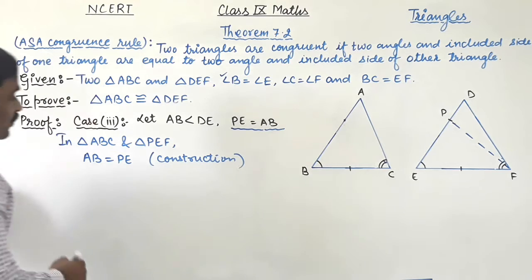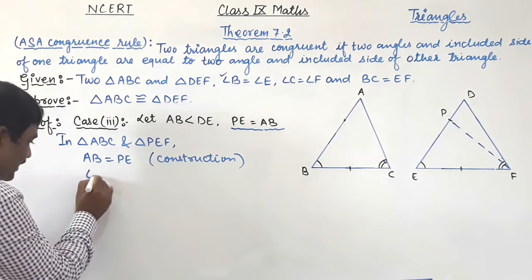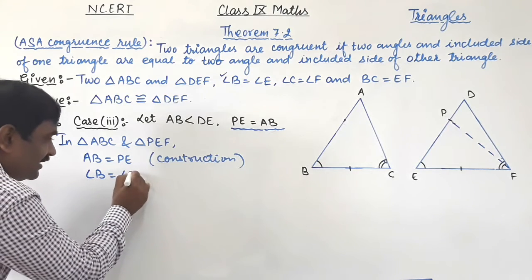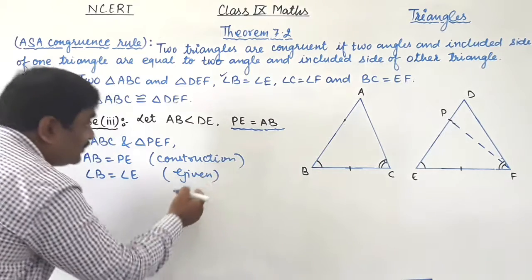Angle B is equal to angle E, which is given in the question, a known quantity.